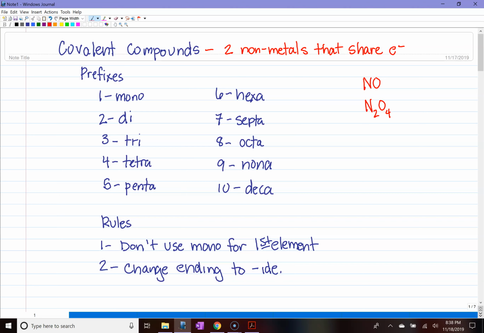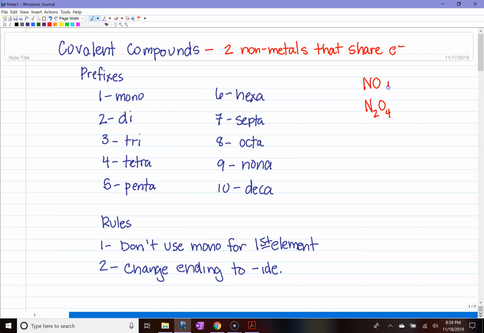1 is mono, 2 is di, 3 is tri, 4 is tetra, 5 is penta, 6 is hexa, 7 is septa, 8 is octa, 9 is nona, and 10 is deca. Now, the rules for writing these, you don't use mono for the first element. So if you only have one of the first element, like in NO right here, you wouldn't say mononitrogen monoxide.